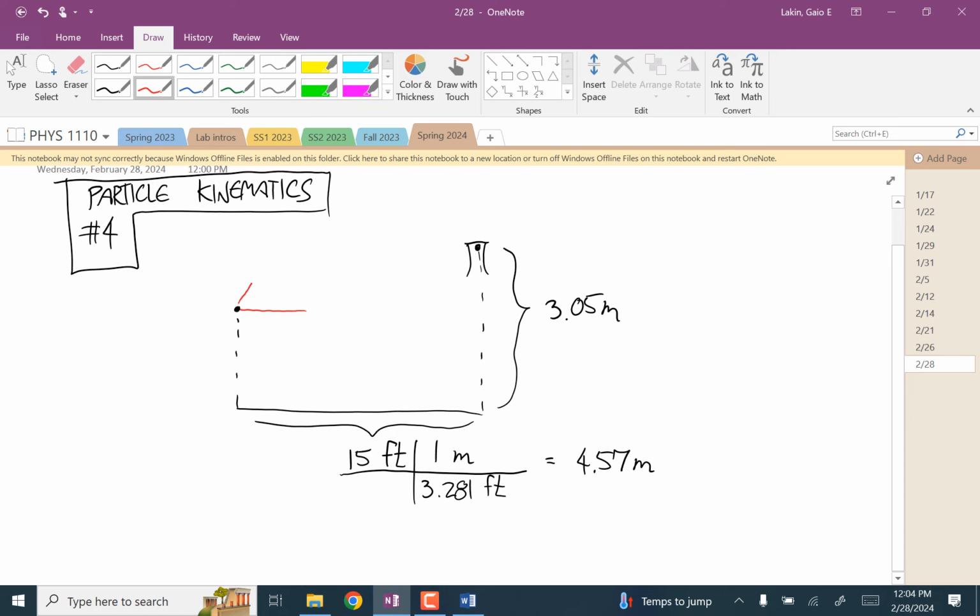The path is going to be something like that. And we want to figure out the height that it's shot from.